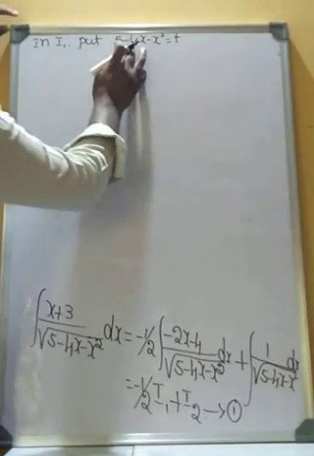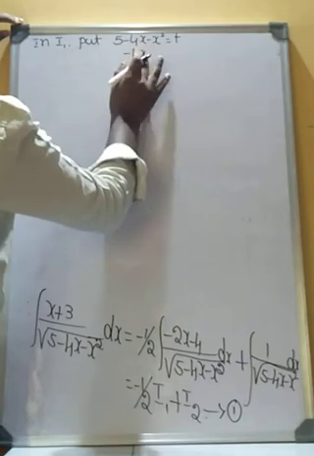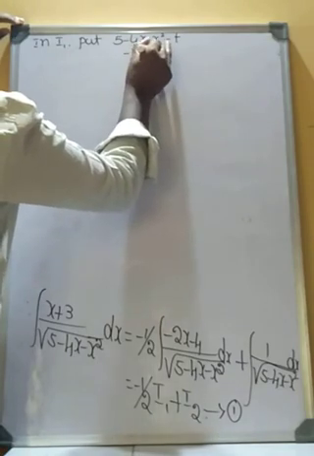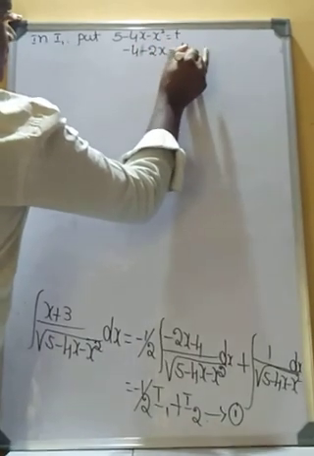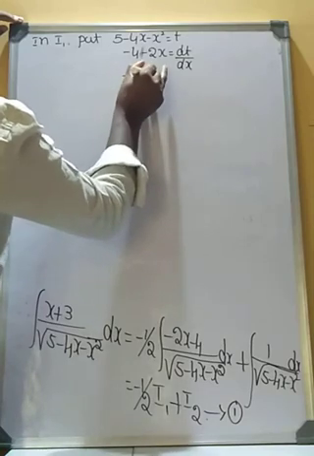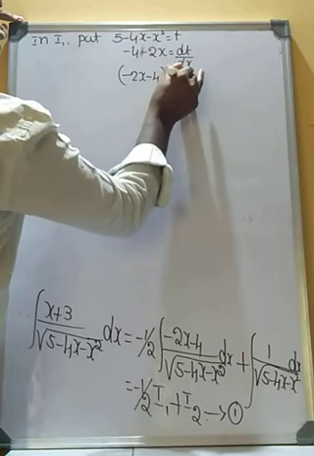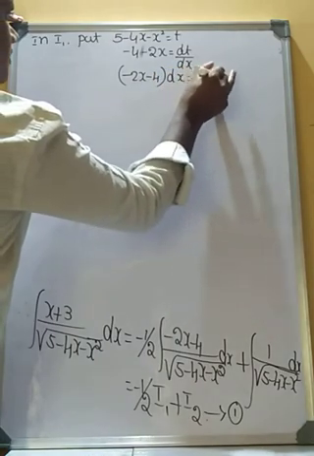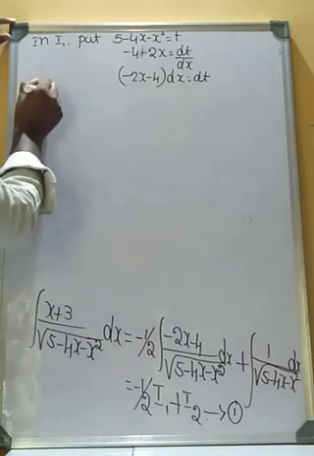Differentiate with respect to x: minus 4 minus 2x is equal to dt by dx. Therefore minus 2x minus 4 into dx is equal to dt. So substitute in I1.